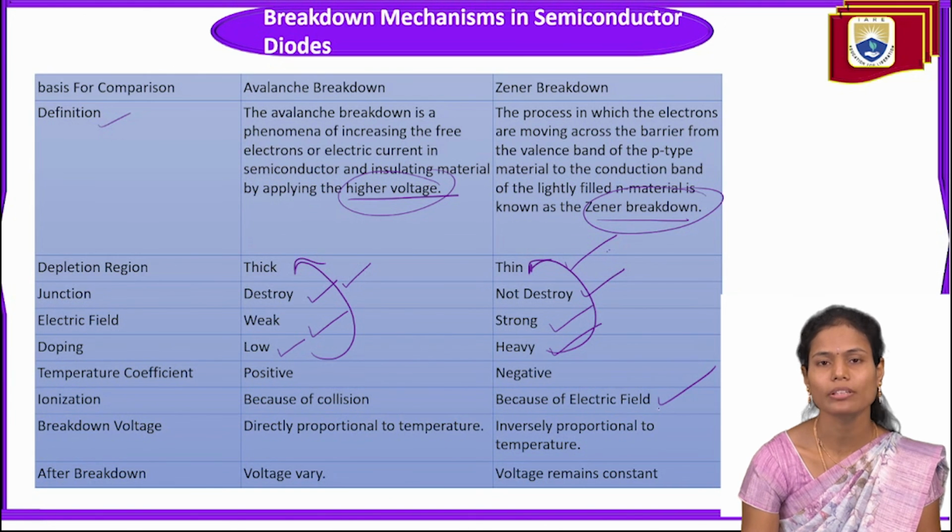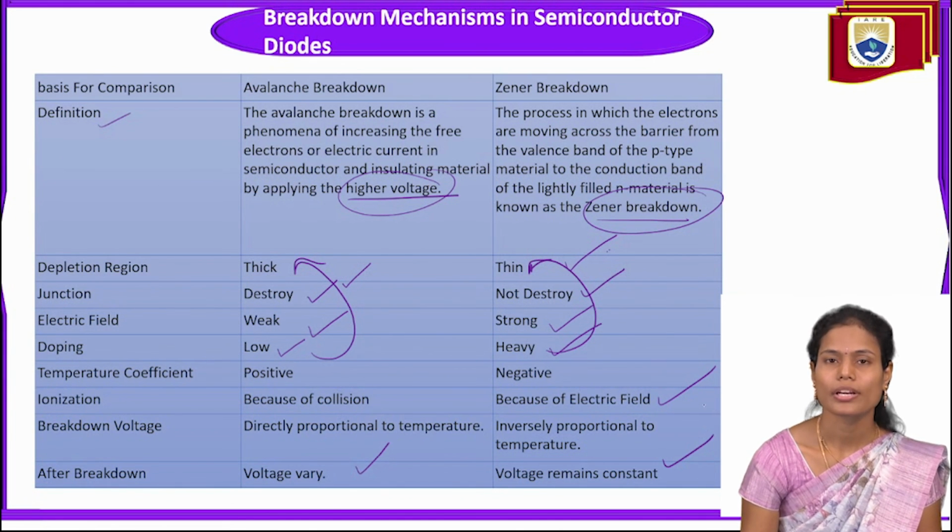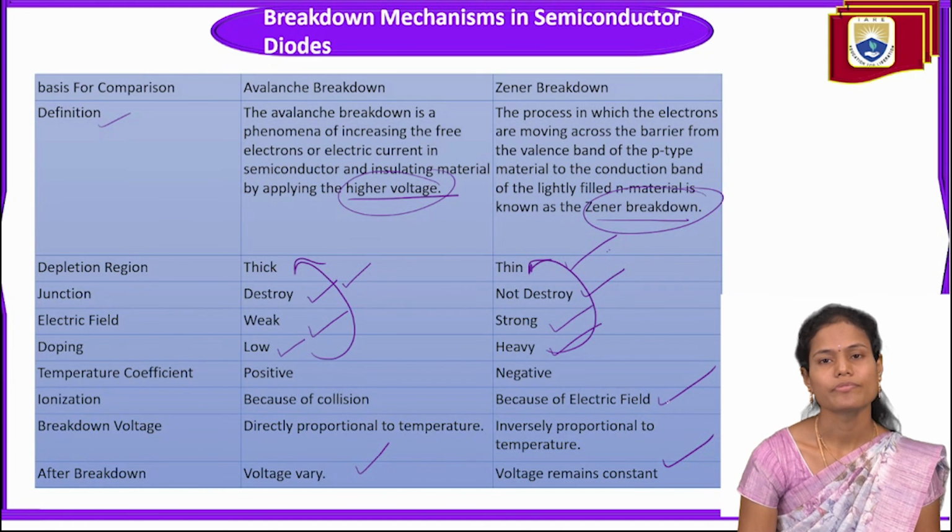Why? Because it has a negative temperature coefficient. And after breakdown, the voltage will vary here, but in this case the voltage remains constant after breaking the junction. Why? Because we are removing the reverse voltage once it has entered the breakdown condition. So these are the differences between the avalanche breakdown and the Zener breakdown.